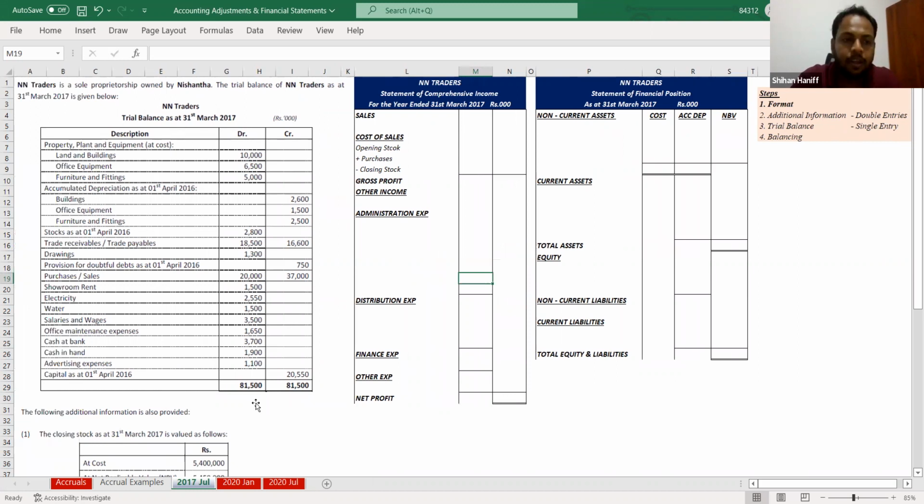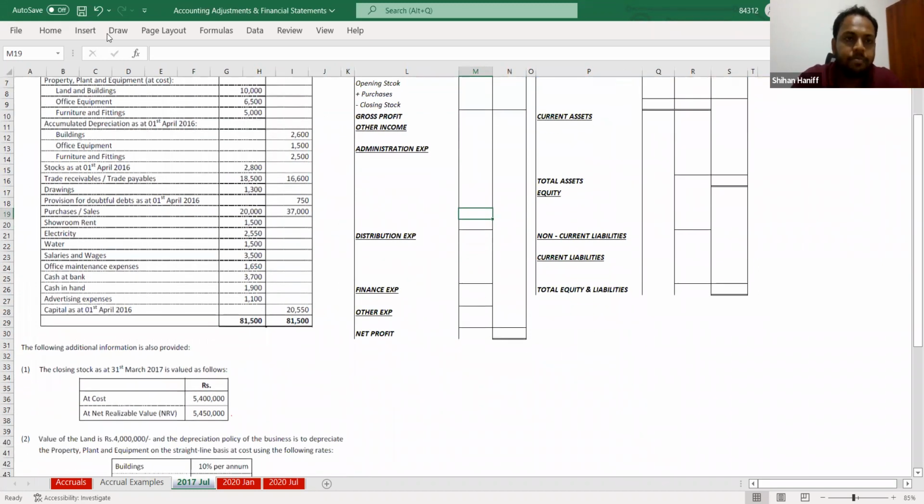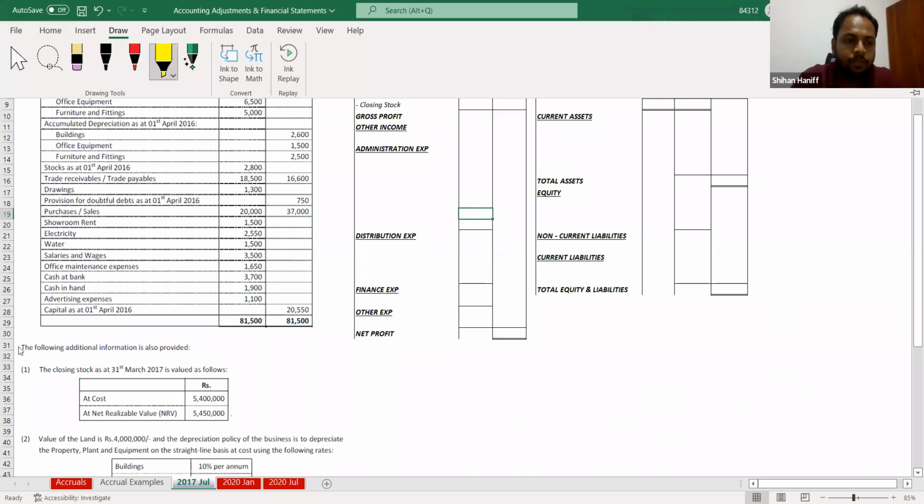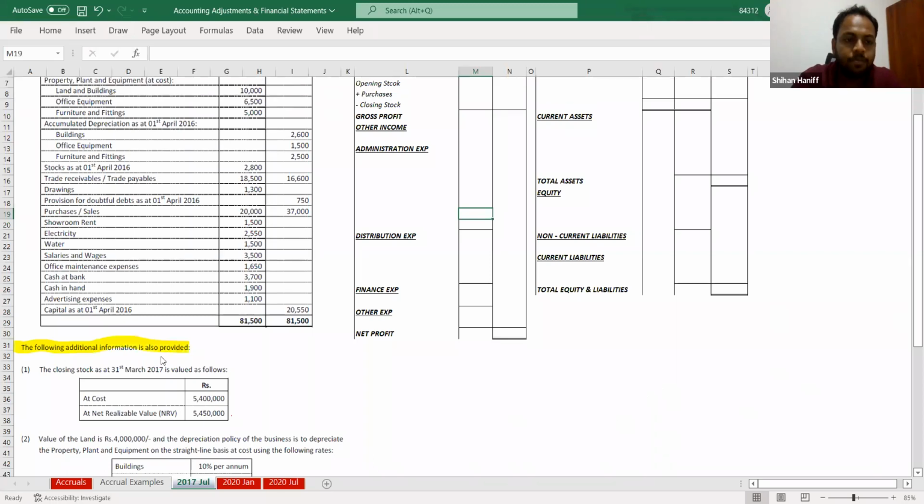Right. Number 1. The following additional information is provided. Closing stock as at 31st March 2017 is valued as follows. The cost is 5.4 million.